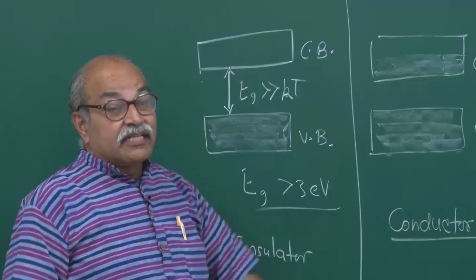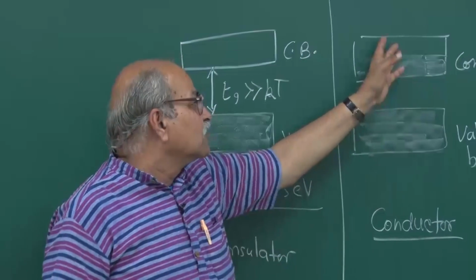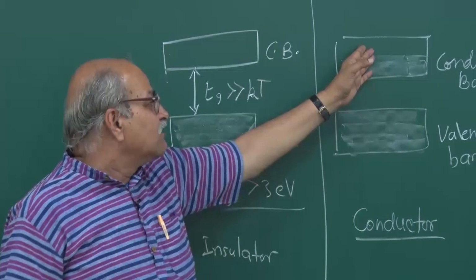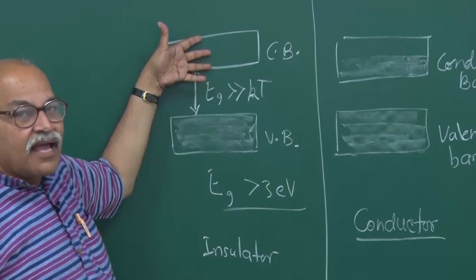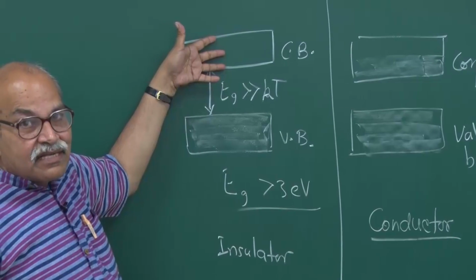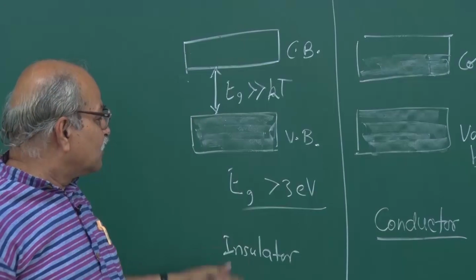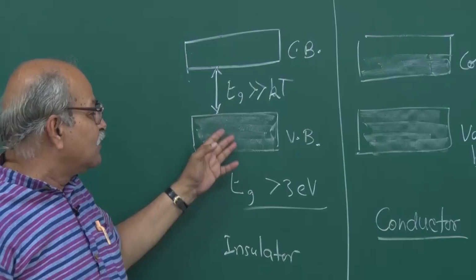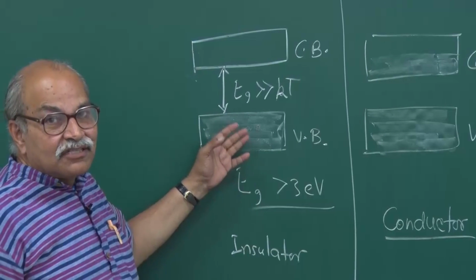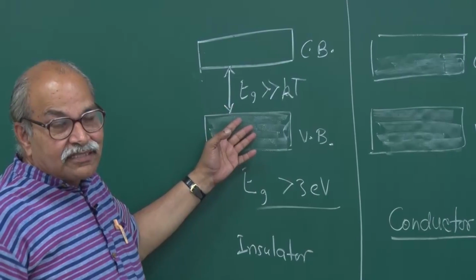That is why they respond and they move according to that electric field, and you have conduction. Here you do not have electrons, and therefore the electric field cannot do anything because there are no nearby empty quantum states. So these electrons will just refuse that energy from the electric field.